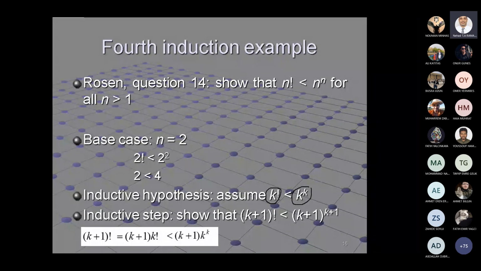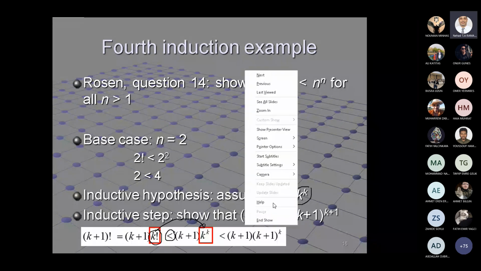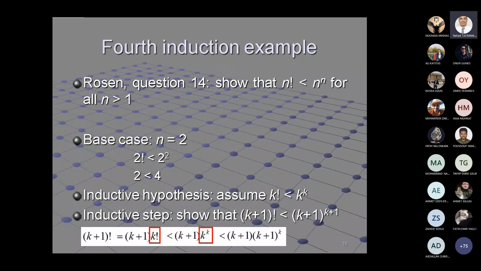But this is not equal, it's less than. So we take k to power k instead of k factorial, but it becomes less than.